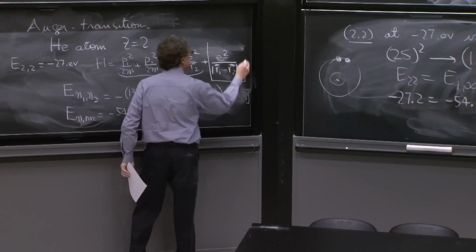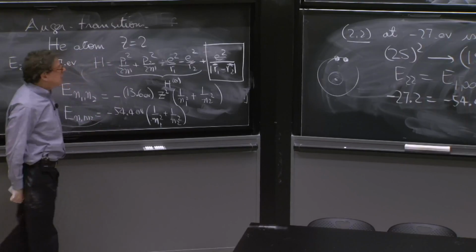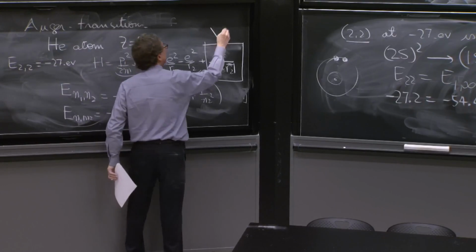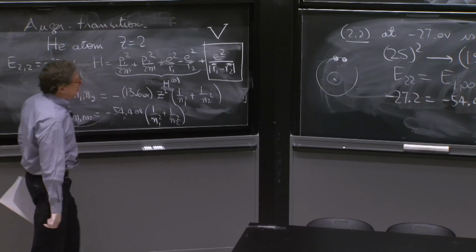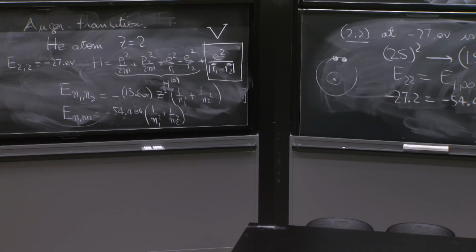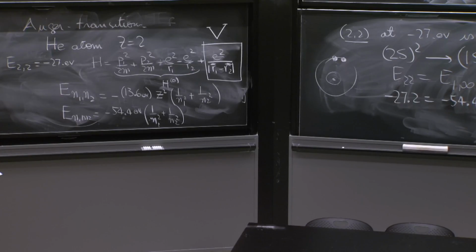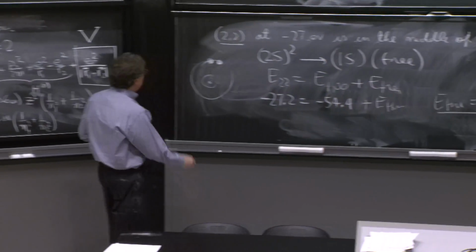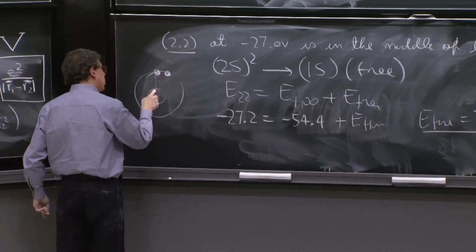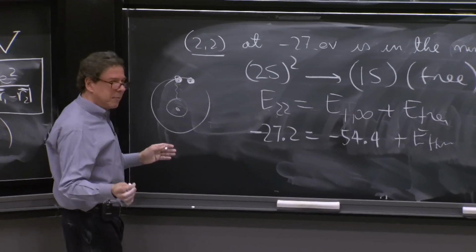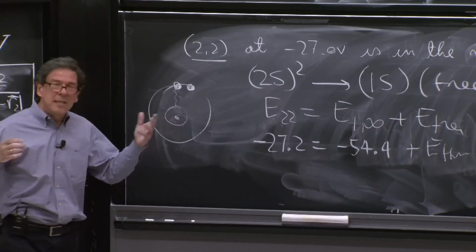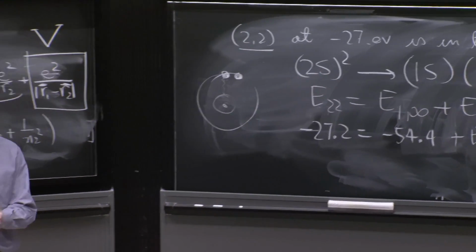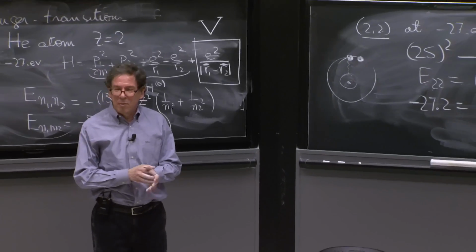Then this interaction turns on, and this is the V that makes the transition from this 2s squared state to 1s free. That has good matrix elements, and this is going to happen. This is the dominant transition, because a radiative transition in which one goes down here is fairly suppressed. It doesn't happen. So this is our example of an application of Fermi's golden rule, and we'll explore more next time.